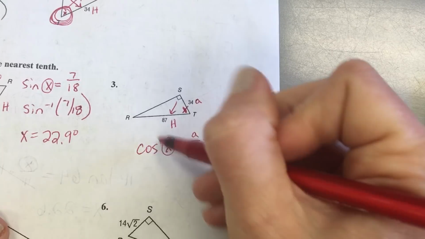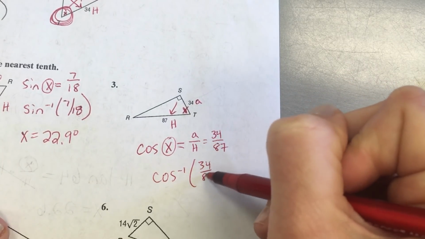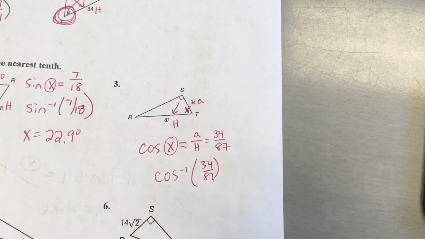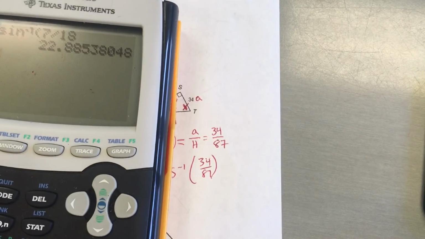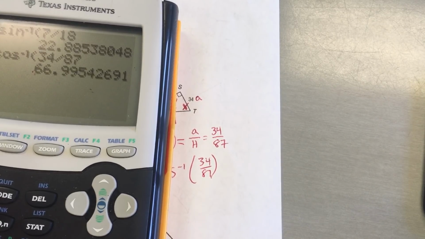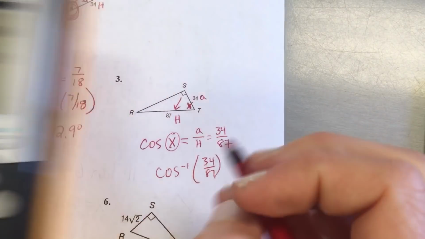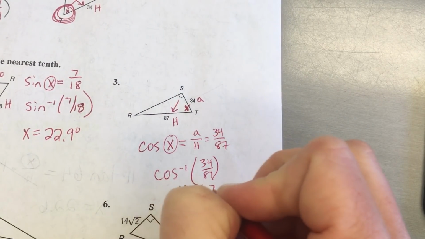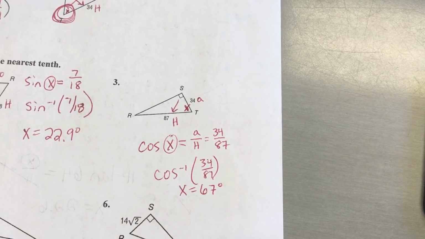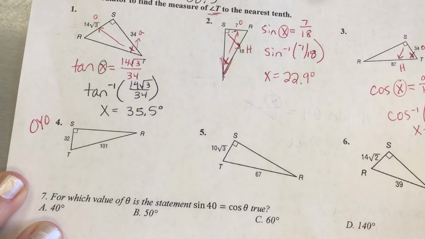Trying to get X by itself, to get rid of cosine, I do inverse cosine, 34 over 87. And you get 66.99, so that rounds up to 67 degrees.